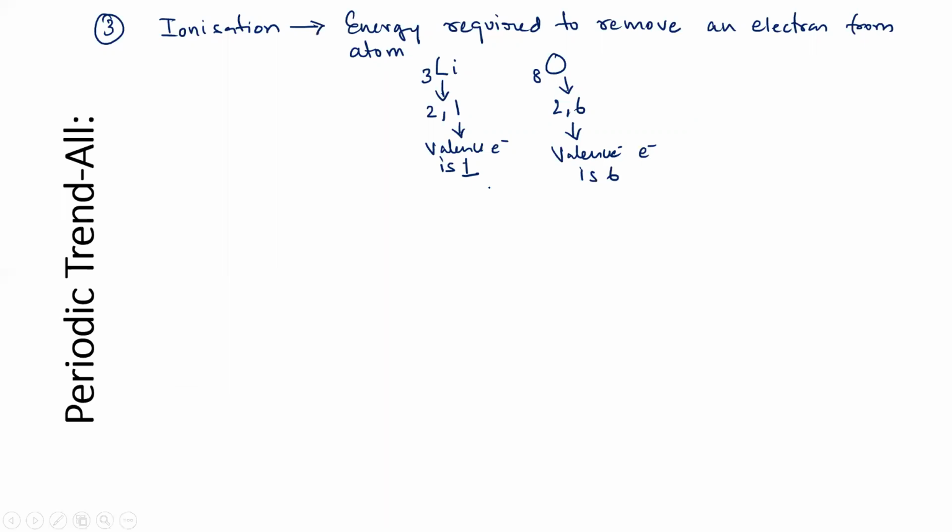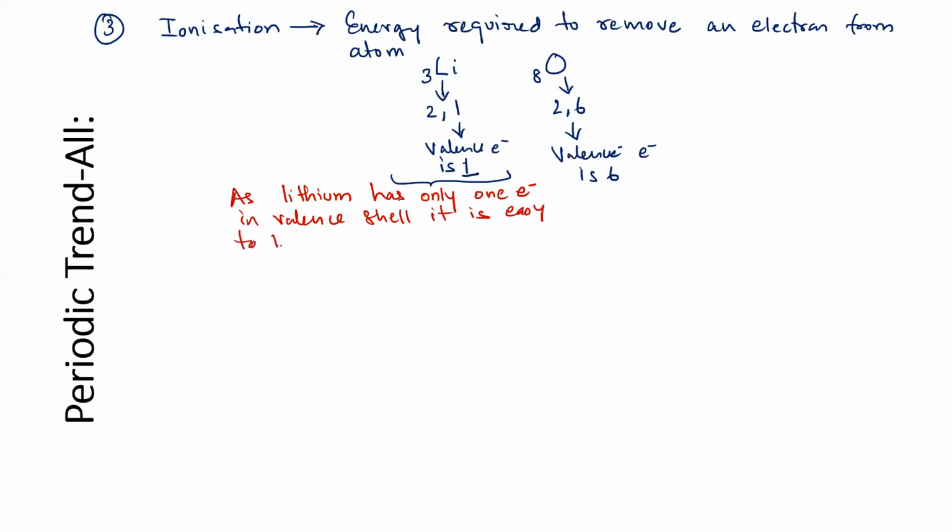Now, which is easy to actually remove? You can remove an electron easily from lithium compared to oxygen. Why? Because lithium has only one electron in the valence shell, so it is easy to remove.